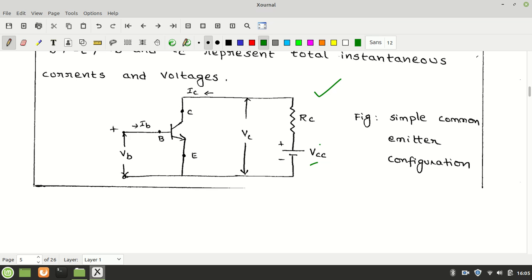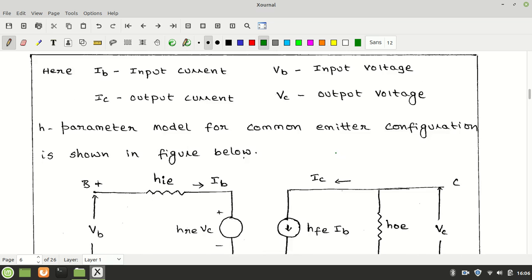The DC parts, that is the VCC battery, the resistances, and the self biasing circuit, are not shown here. We discussed in our previous class that proper biasing is needed, such as fixed bias or the more efficient self bias or emitter bias. After biasing, just think of that biasing circuit as a black box, and we are going to calculate the voltage gain or the current gain from outside that black box.